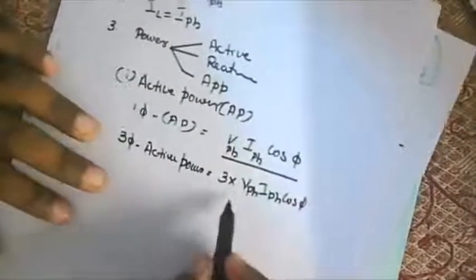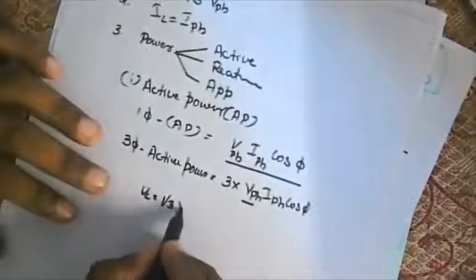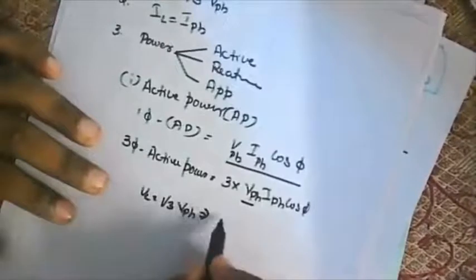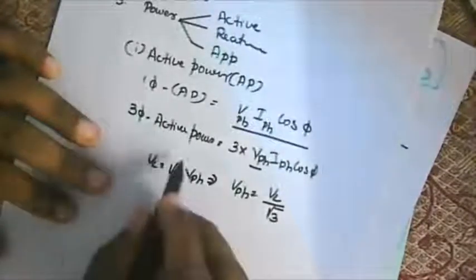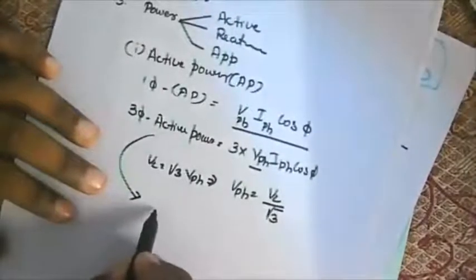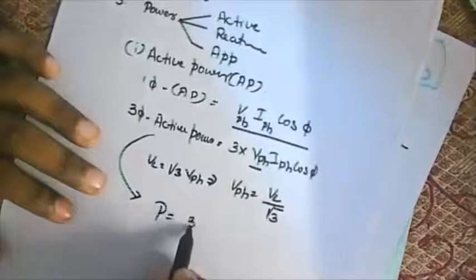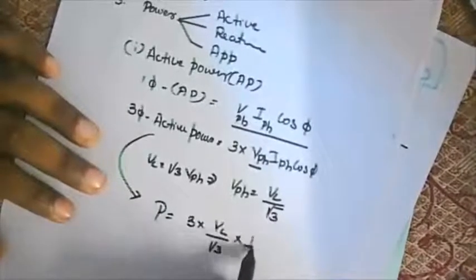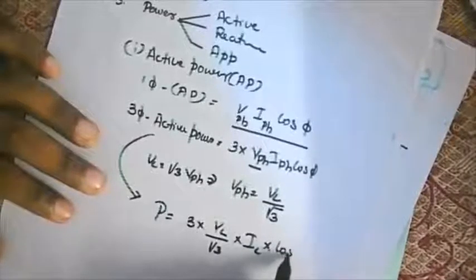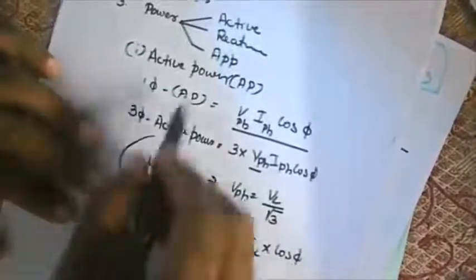But we have seen the relationship VL is equal to root 3 V phase, so V phase is equal to VL by root 3. So I can write active power P is equal to 3 into VL by root 3 into IL into cos phi, since I phase is nothing but IL. So I replace I phase with IL.